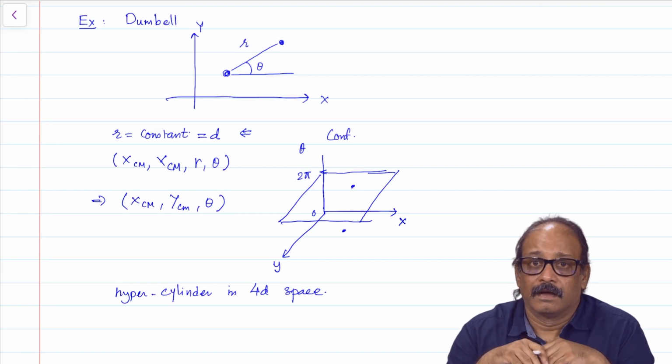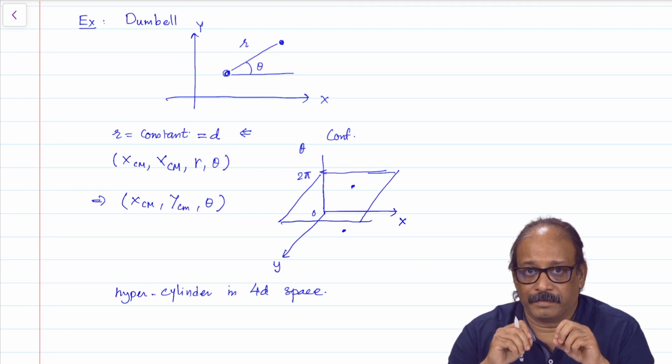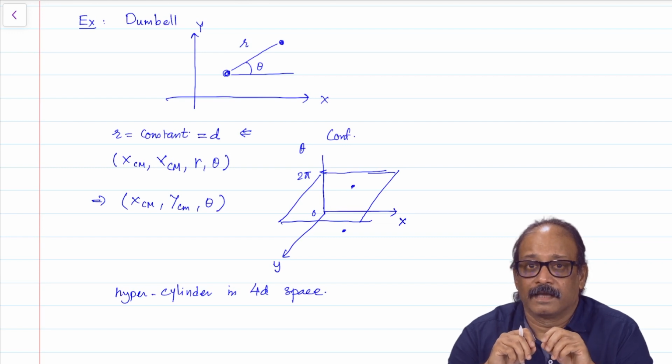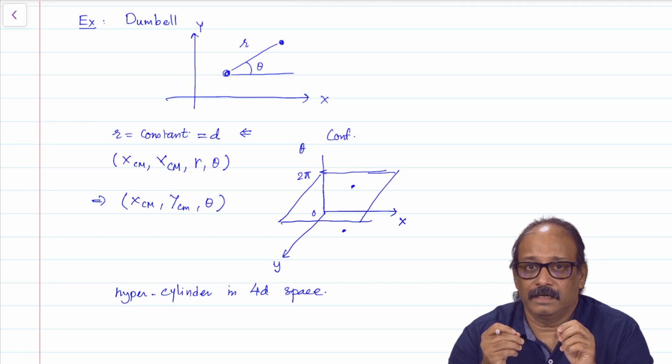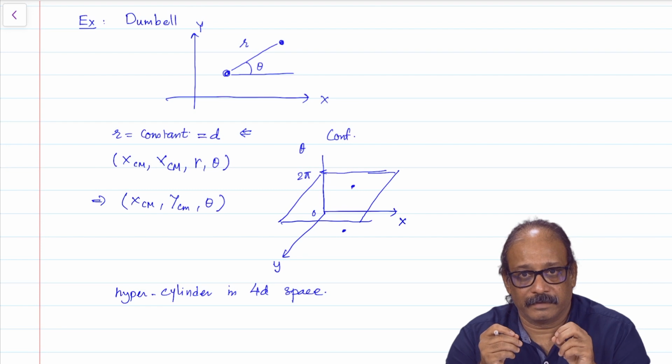this section. When you have n particles, you have 3n dimensional configuration space, but if there are k constraints which are holonomic, then each of these constraints can be used to eliminate one of the variables.